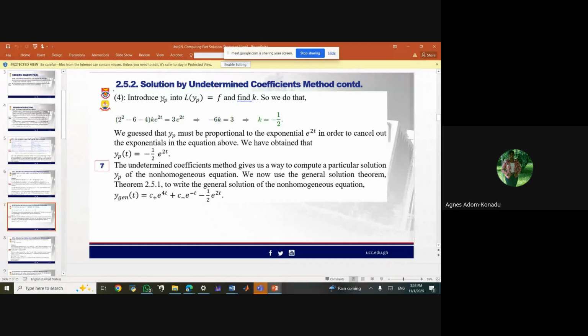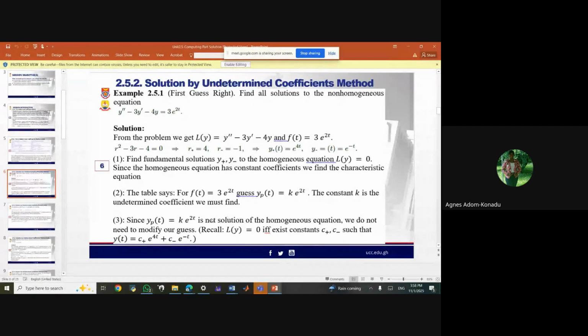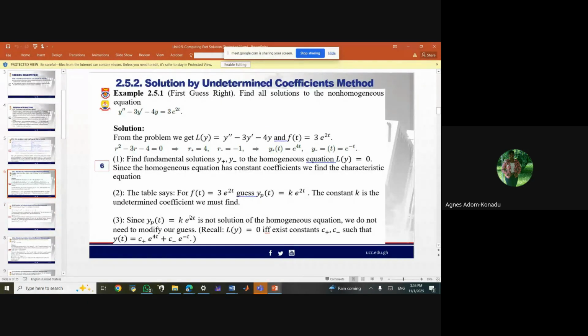Introduce y sub p into L of y sub p and solve for k. After getting my guess, I have to find the first derivative and second derivative, and substitute them into the original equation. The function is ke to the power 2t.